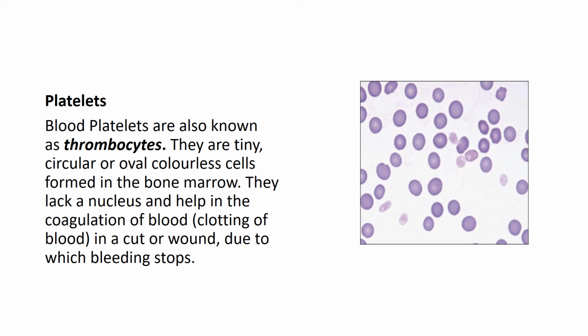If you get injured, your blood oozes out, but after some time you can see that a clot is there and blood stops flowing. So this happens because of the platelets. The function of platelets is to coagulate the blood in a cut or a wound.